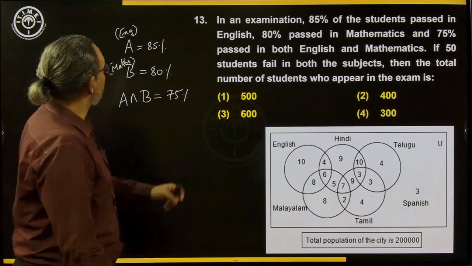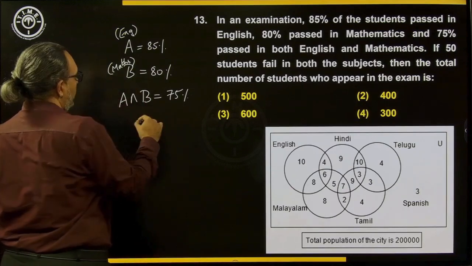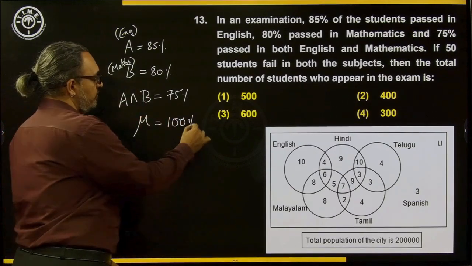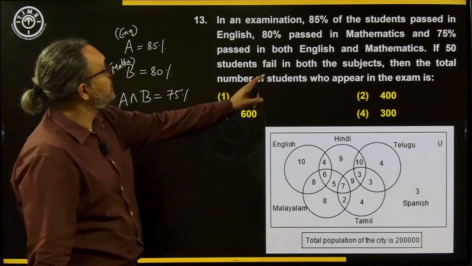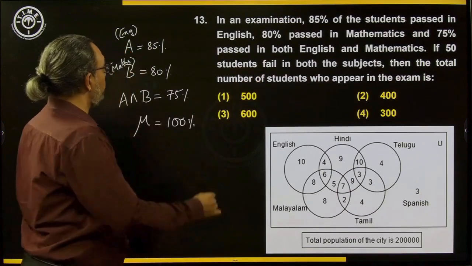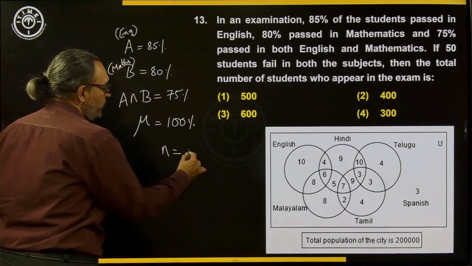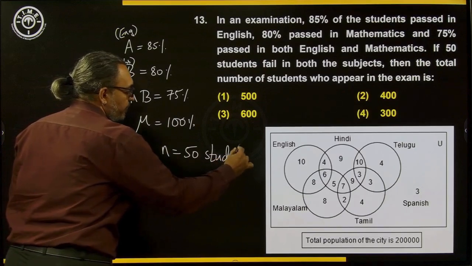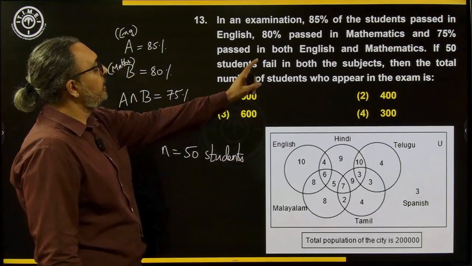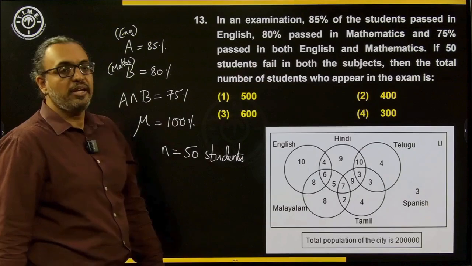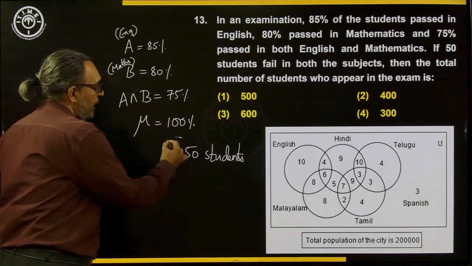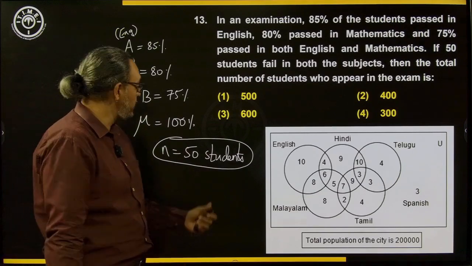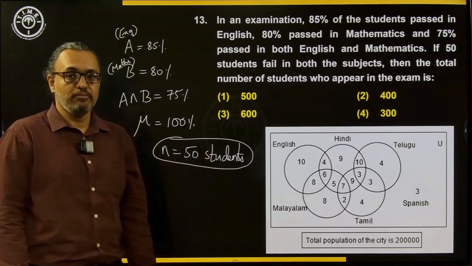Correct? Now since percentages are given, I can consider mu as 100%. Correct? And then he says 50 students failed in both. So n value is 50, not percentage, but in students. Then he is asking total number of students who appear in the exam. So if I can calculate 50 students makes how many percentage, then I can answer my question.